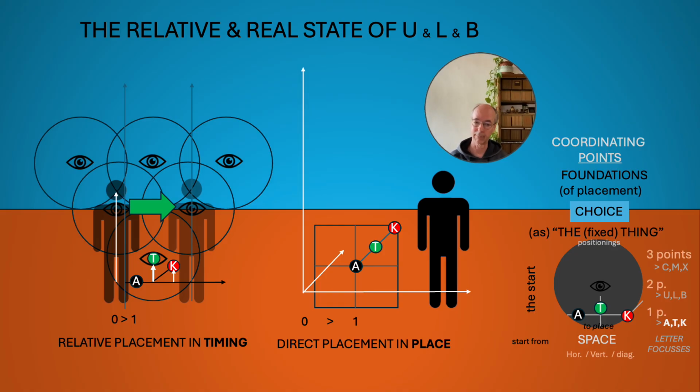At the same time, what do we use to recognize these points? The background for A is horizontal, for T is vertical, and for K is diagonal. It will be the same in the timing.